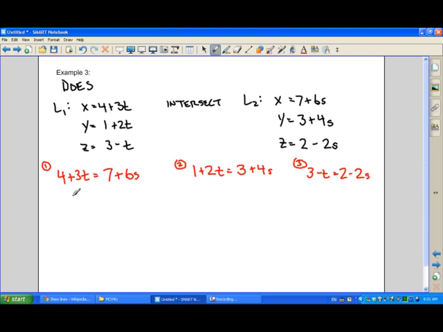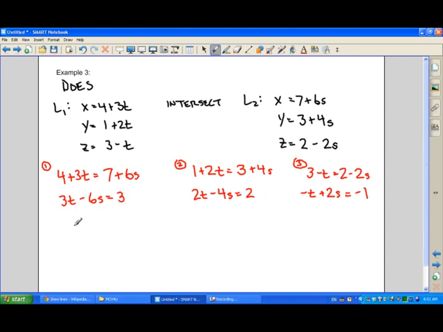And I'll rearrange these equations so that all my variables are on one side and all my numbers are on the other. And once I've done that, you may notice something. You may notice that in the first equation, there's a common factor of 3.